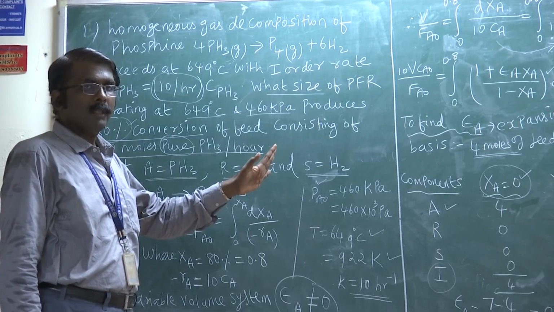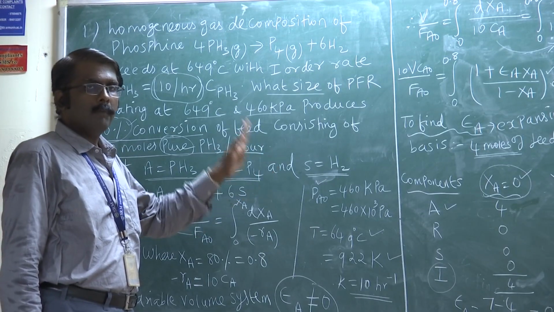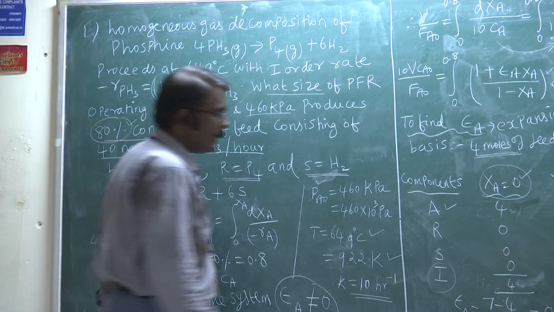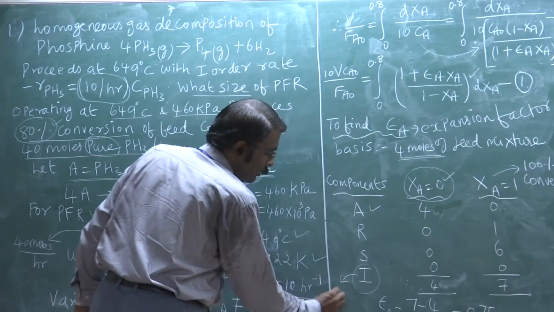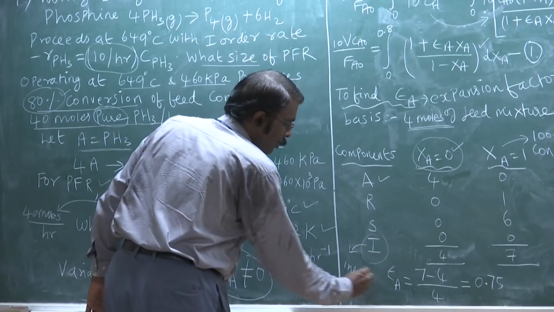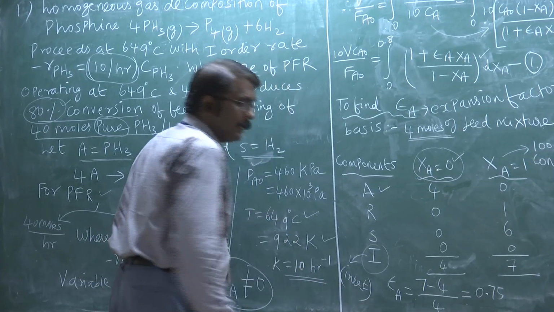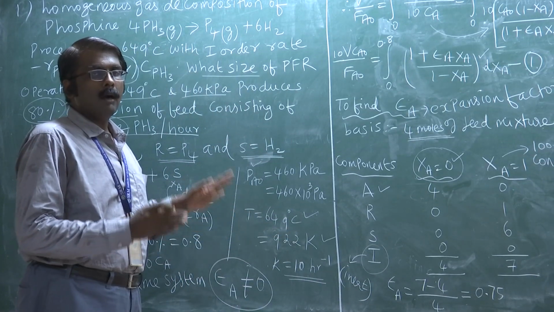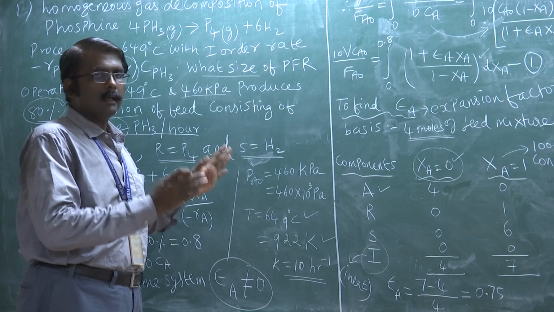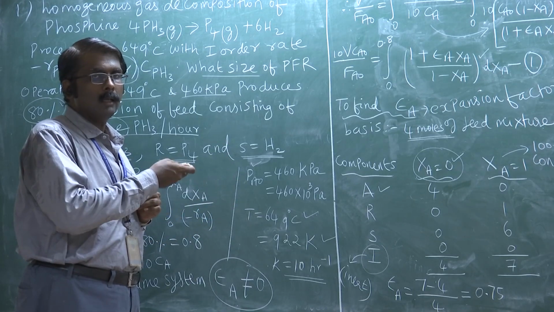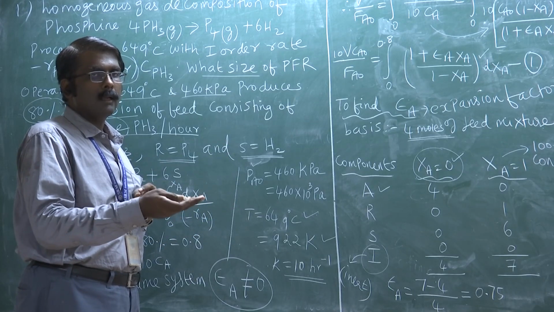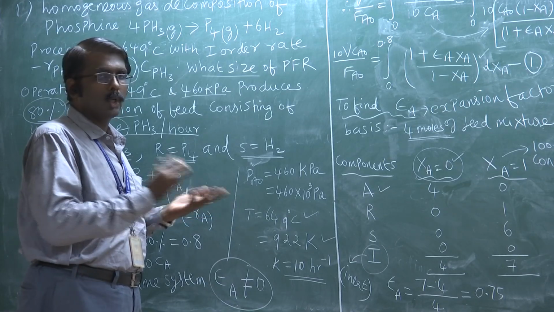By default, whether inert is there or not, we always have to include I also. This I represents the inert compound. Whether your feed has inert or not is immaterial, it is always better to include the inert also. If it is there, mention the moles of inert present in the feed. If it is not there, we can take it as 0.